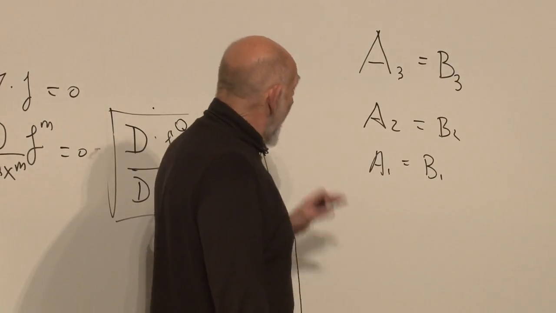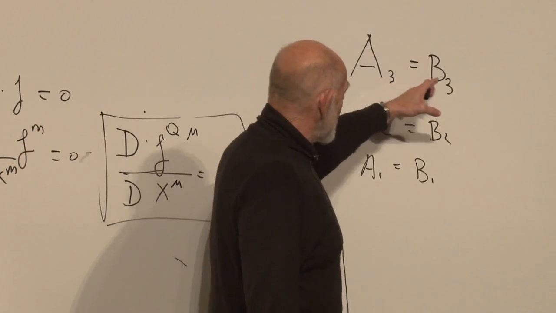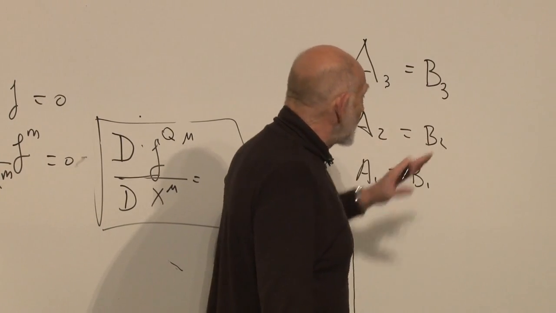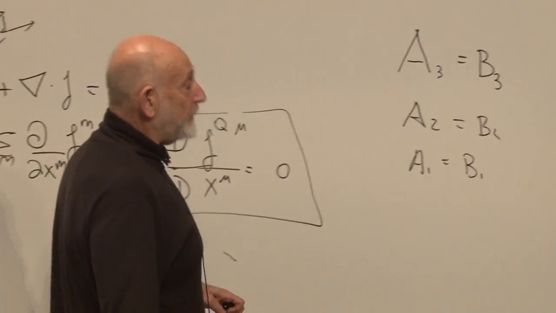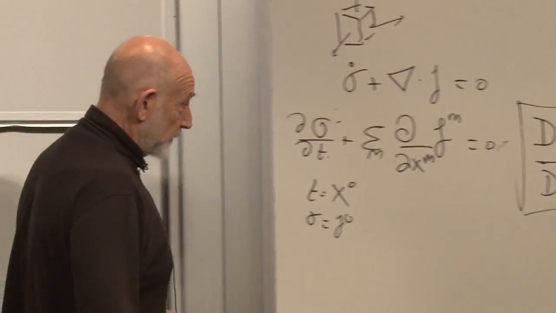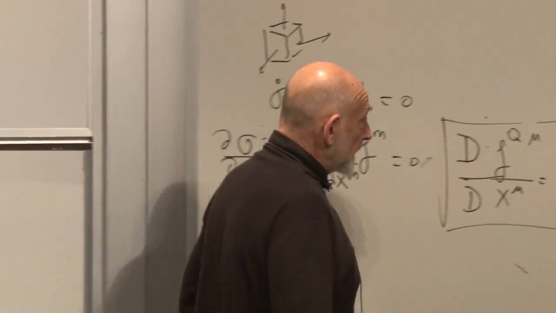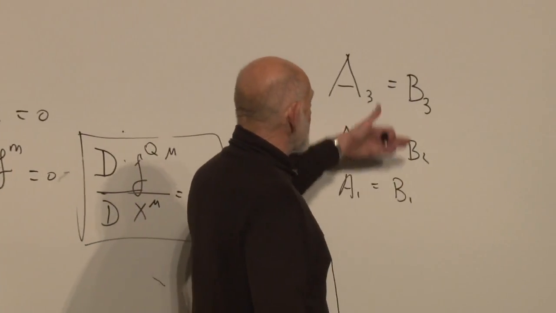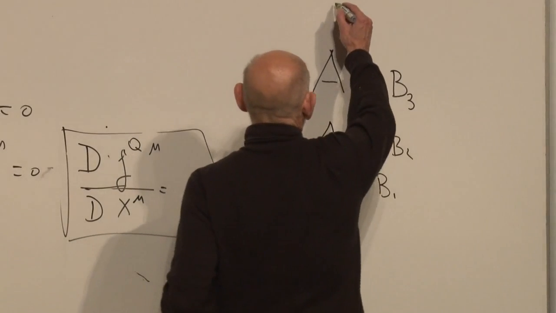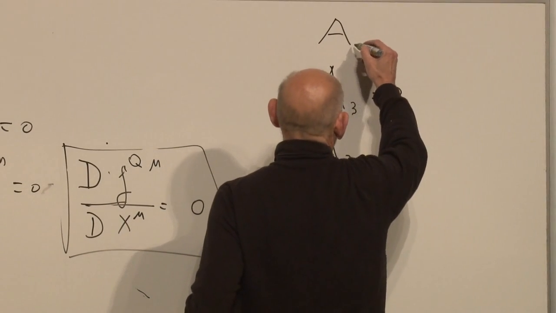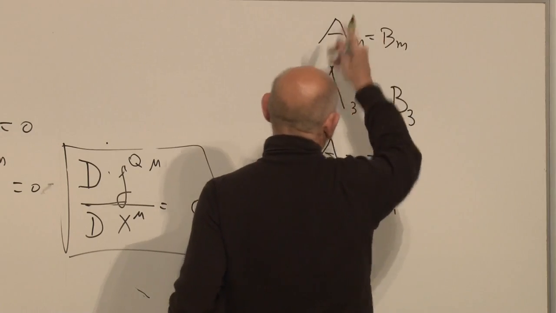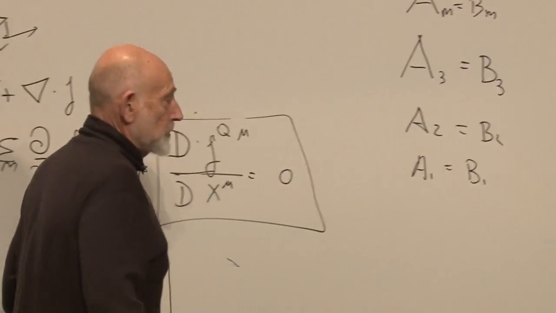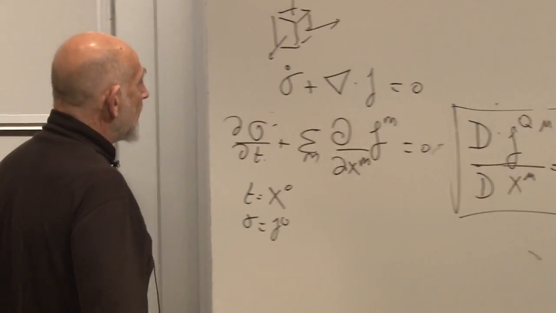And so if it's true in every frame of reference that A3 is equal to B3, then A2 must be equal to B2 and A1 must be equal to B1, if it's to be true in every frame of reference. That's an example of why equations need to be tensor equations of the form A sub m equals B sub m, or vector equations, full vector equations. Okay.